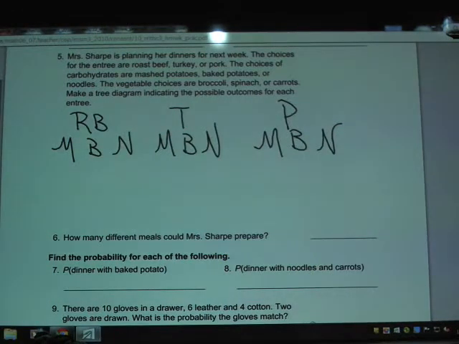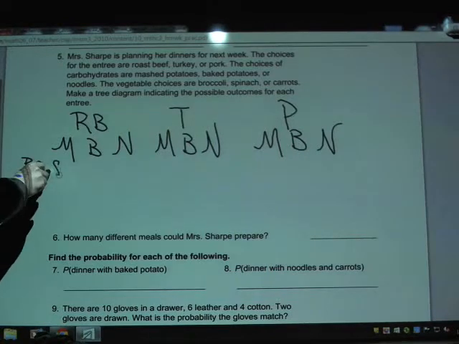And then finally, the last level is going to be my vegetable. My vegetable choice has to get listed in the 3rd level, so underneath every choice in level 2, which obviously means, yes, I'm going to be doing a lot of writing here, but we're choosing broccoli, spinach, or carrots. So I'm going to start listing underneath each one of those 3 options.